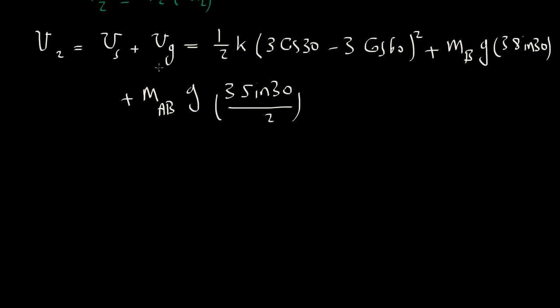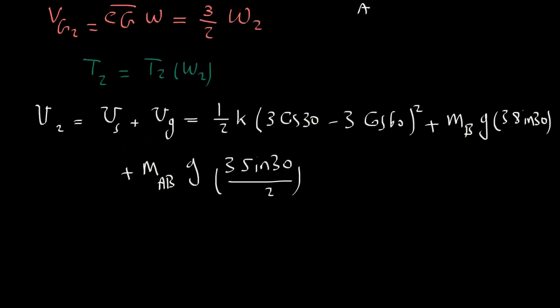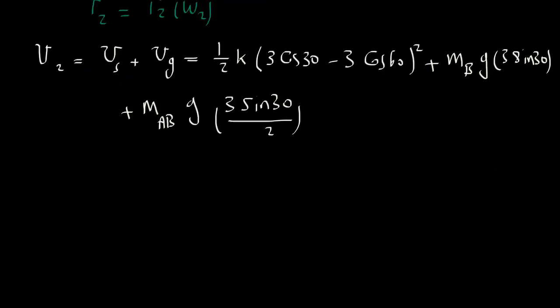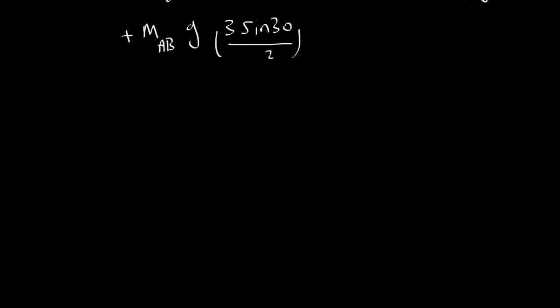And again here everything is known in this equation. We can calculate US, we can calculate UG, we have all the masses here, and also the spring coefficient. So U2 is known. So basically I can say that T1 plus U1 is equal to T2 plus U2.